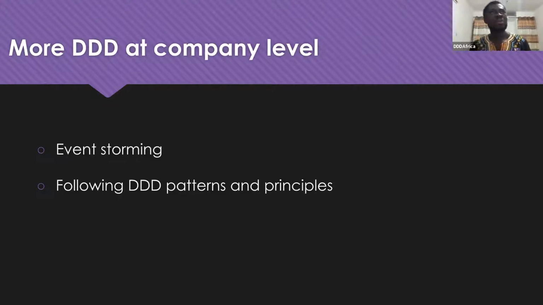At the moment, what I have been doing at the company level is, through event storming, helping to gather requirements and even refine some of the requirements that we have, so that we are solving the right business needs as the development team, and always following the patterns that we have at the company level.